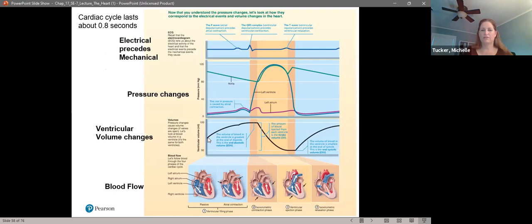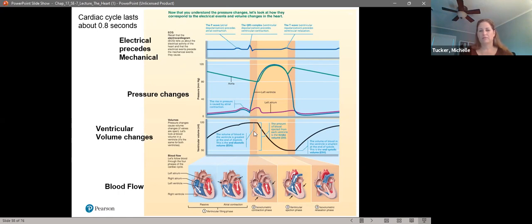So the ventricular volume is steadily increasing. The pressure is still relatively low, and this little blip here is when, at the very end of ventricular filling, the atria are going to contract and add about 20% of blood volume into the ventricles.